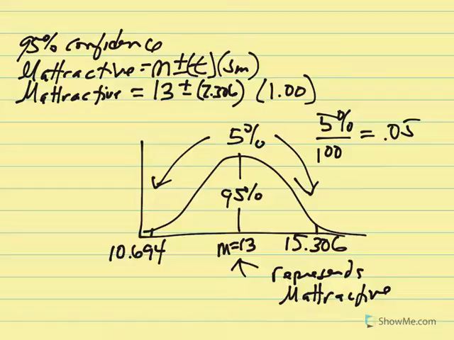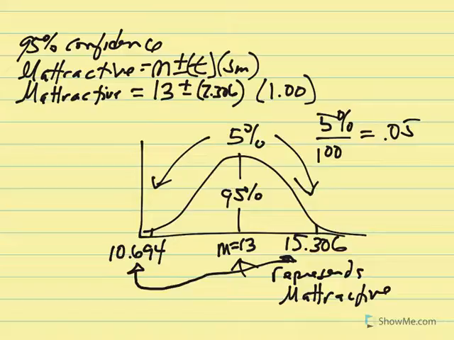And now what we have solved is that we can say we're 95% confident that the true population mean, or the amount of time these infants spend looking at the attractive face, ranges from 10.694 seconds all the way to 15.306 seconds.